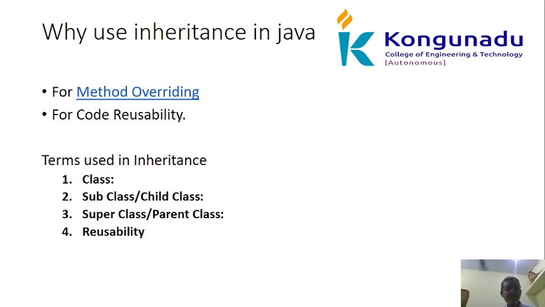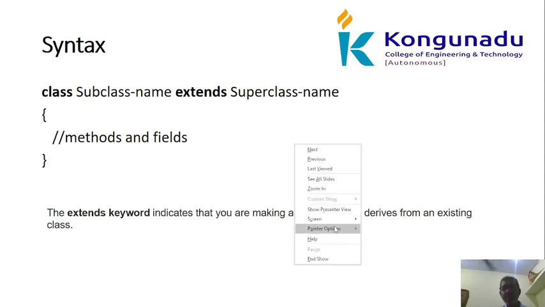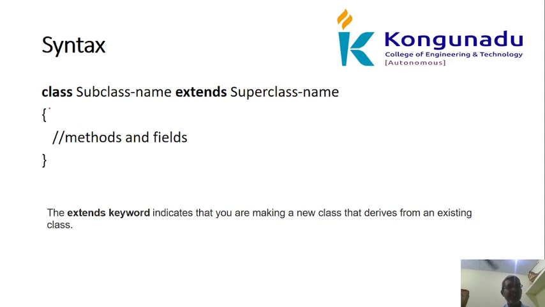Okay. What are the terms used in inheritance? First is class, subclass or child class, superclass or parent class, and then reusability. These are the terms used in the inheritance concept. Generally the syntax is: class, subclass name, that is the child name, that should extend the superclass name.